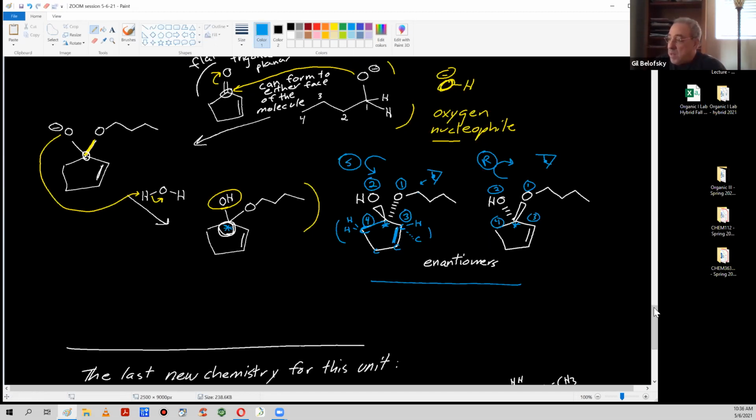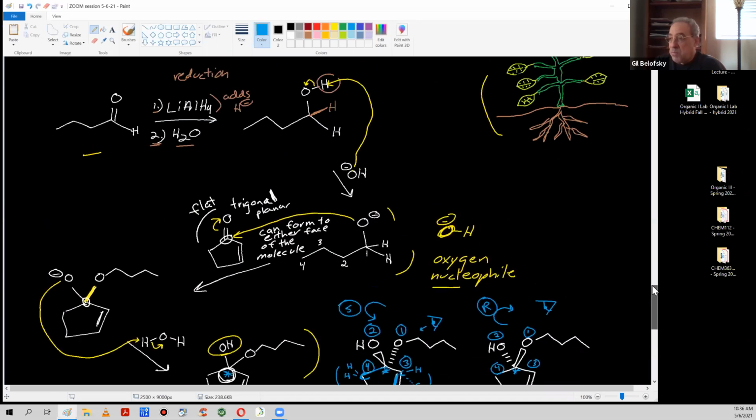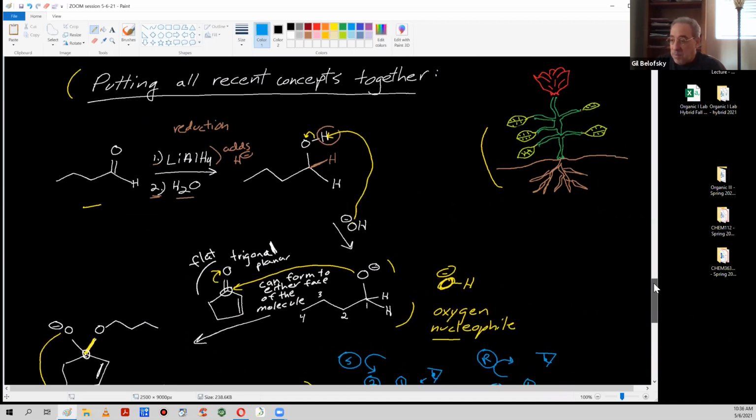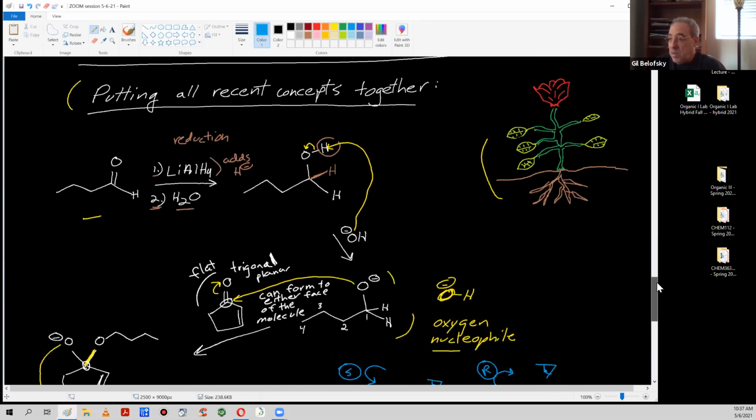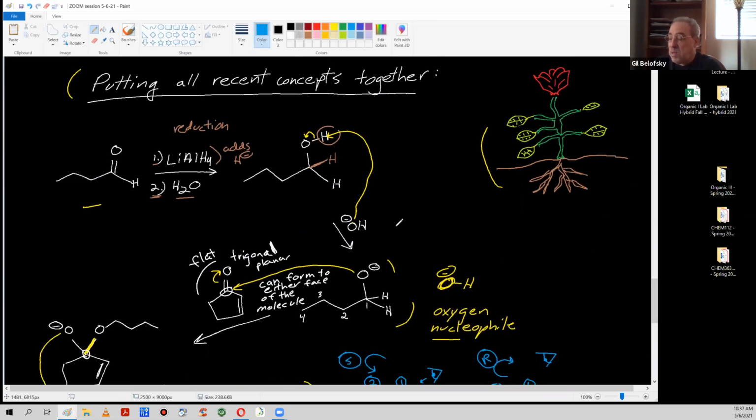Just going back then, this whole problem uses almost all the chemistry we learned recently, except for the amine nucleophile. You've got the addition of the hydride nucleophile to the aldehyde. You've got a demonstration of how you can remove a hydrogen using a base to create this O-.